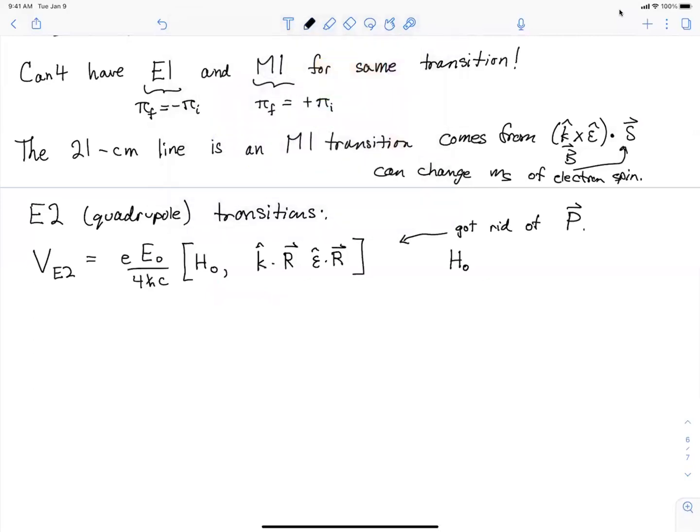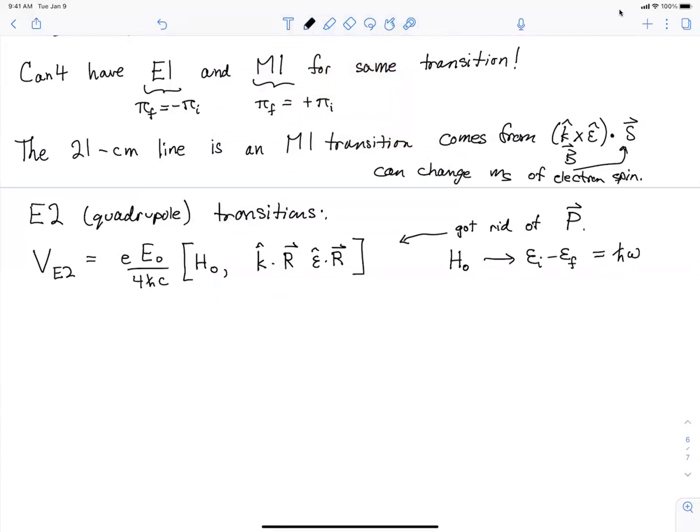So this can be replaced by, up to a minus sign, E initial minus E final, which is going to be h bar omega. Right, so now we can just take away the commutator and write h bar omega times this operator.